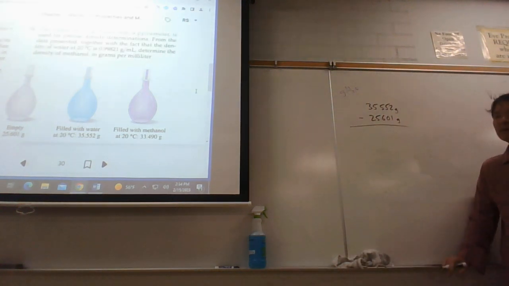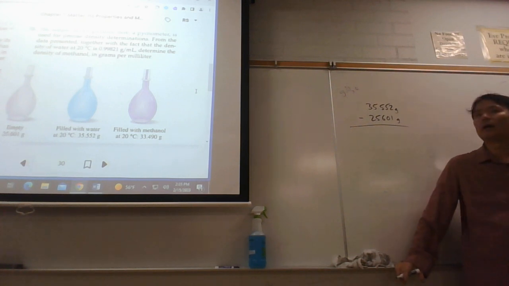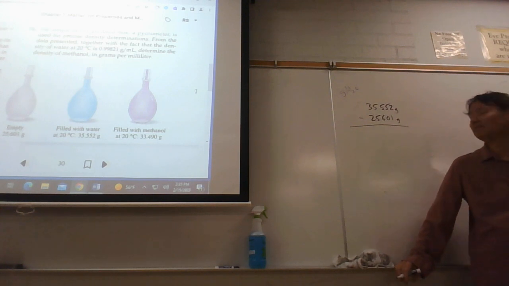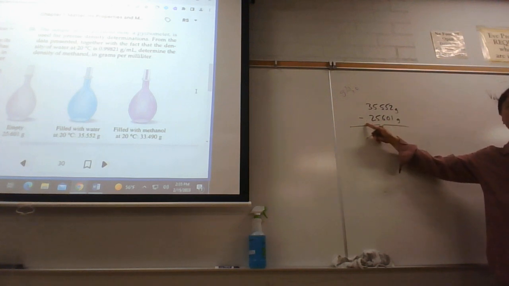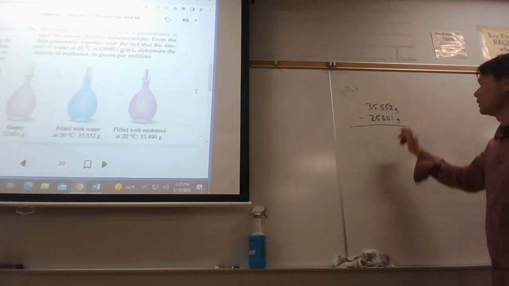How many sig figs am I allowed in my answer? Maybe 5. Actually, I don't know because this is subtraction. Addition and subtraction, we don't do it by sig figs. I shouldn't have asked how many sig figs. I should have asked you how many decimal places. How many decimal places am I allowed in the final answer? 3.